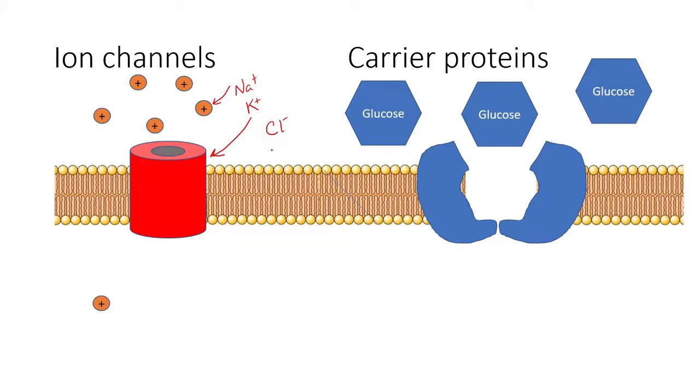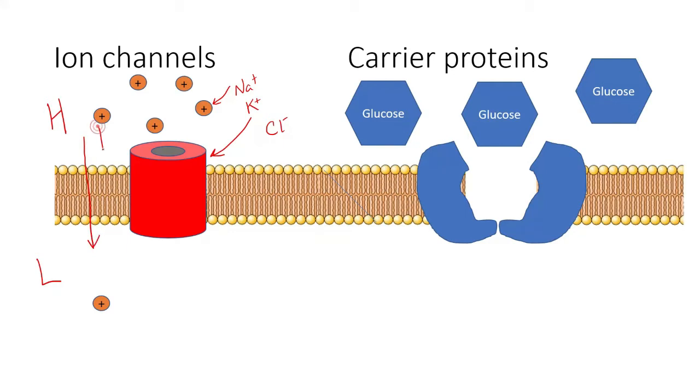It doesn't tend to let others through. There's a little wiggle room there, but for the most part, you can think of them as very specific. And this is just facilitated diffusion, right? So things are moving from high concentration, like you see those orange positive ions there, to low concentration, like they are down here. So the net movement is going to be across this way.